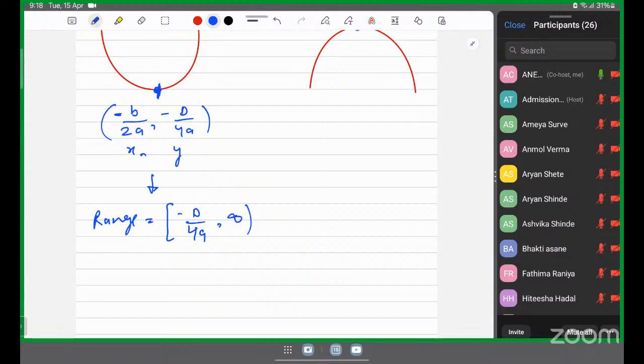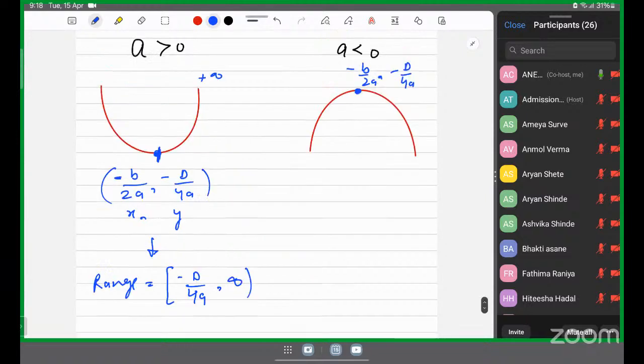In the other case, the range will be from minus infinity to a maximum possible value. That maximum possible value is minus d by 4a. So this is the standard way to find the domain and range of a quadratic function.